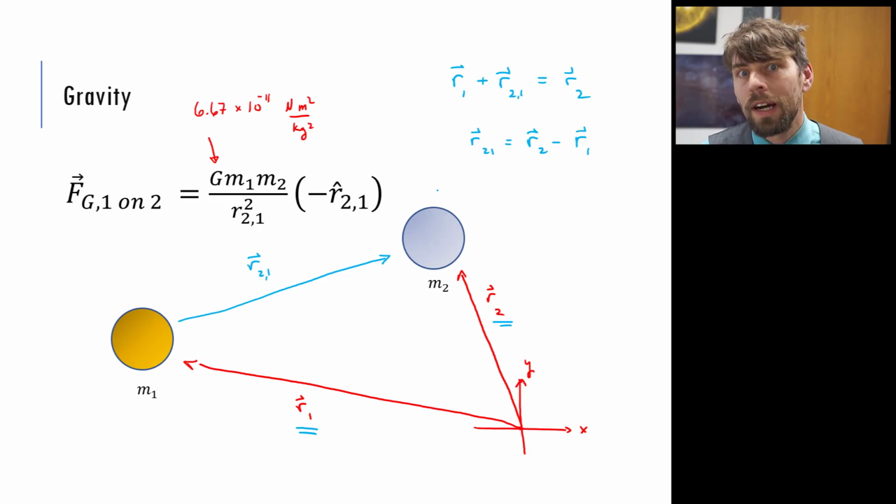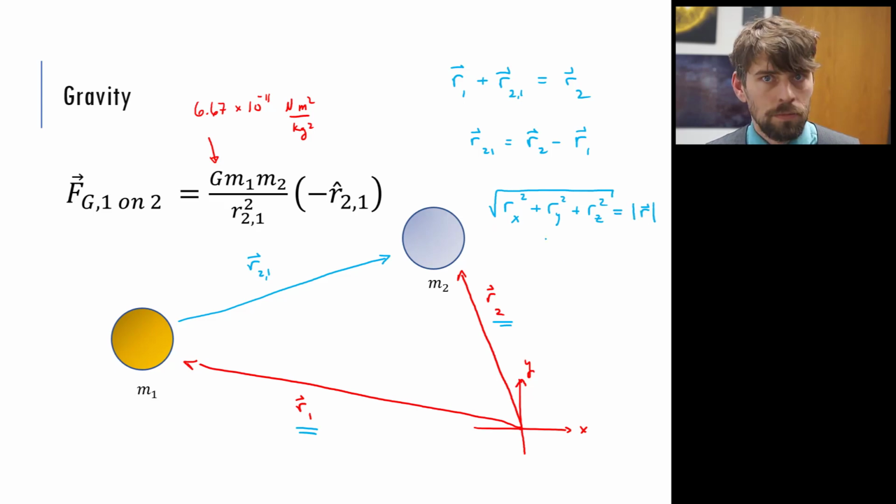The Pythagorean theorem is the way that we calculate the length of a vector. Namely, we take the x component and square it, we take the y component and square it, we take, if there exists, the z component, square it, we take the square root, and that tells us how to calculate a magnitude. Okay?